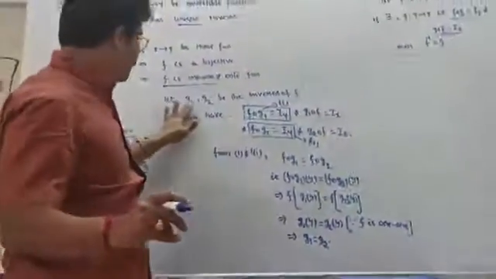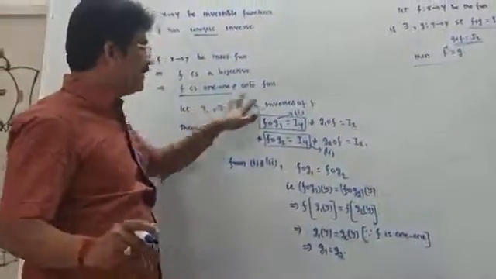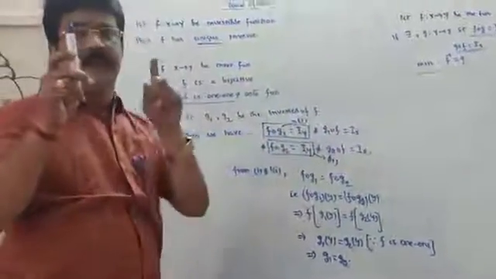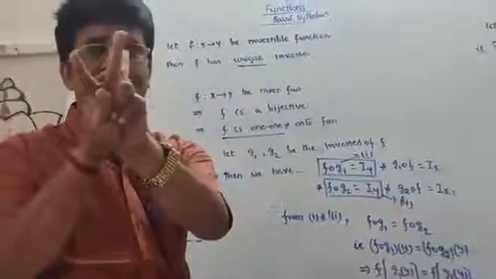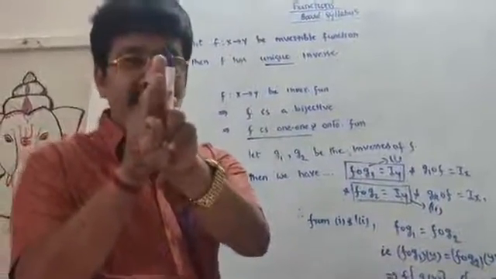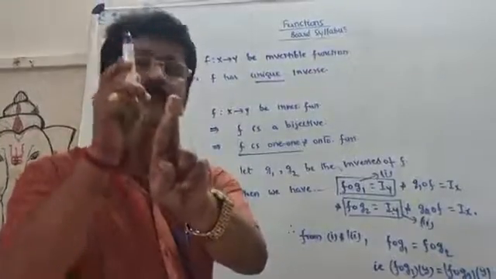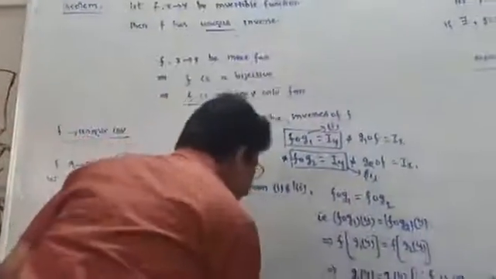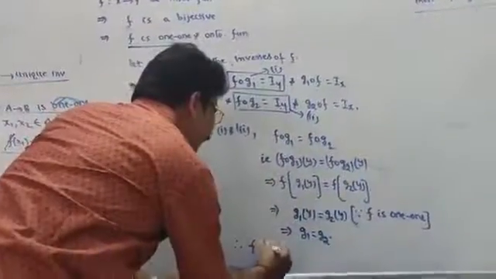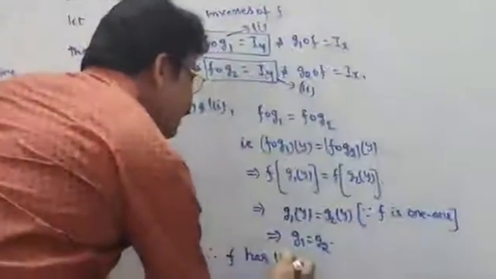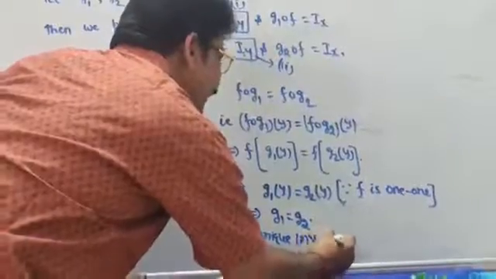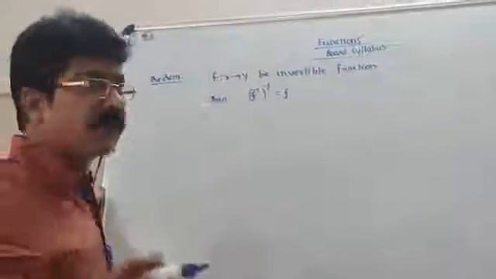What we assumed, g1, g2 are the inverses of f. So f is 1-1, its inverses are g1 and g2. Ultimately, this g1 is equal to g2. We proved like that. Therefore, this function f will have only one inverse. So therefore f has a unique inverse, hence the theorem. It is useful for 2 marks questions.